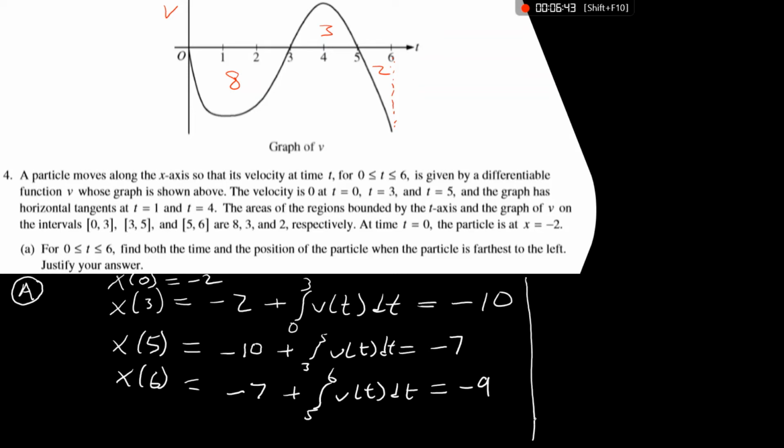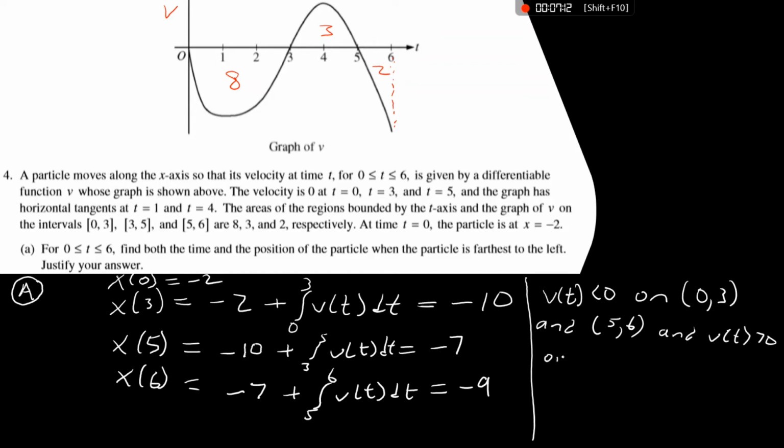So then we could write our conclusion somewhere over here. Our velocity is only negative on 0 to 3 and 5 to 6. So let's say v of t is less than 0 on our intervals 0, 3, and 5, 6, and positive on 3, 5.